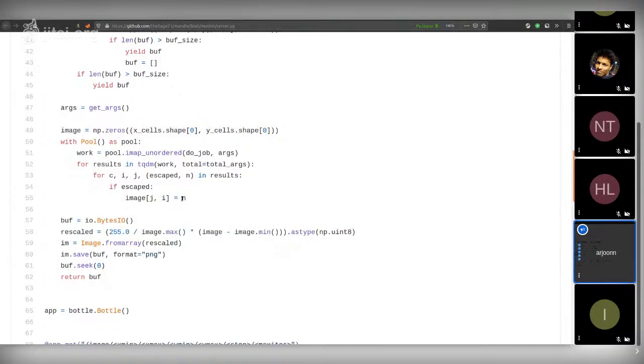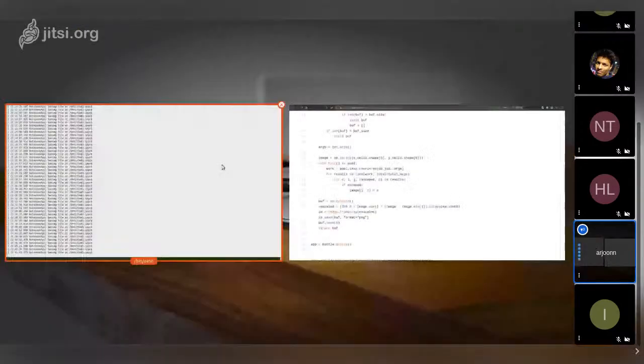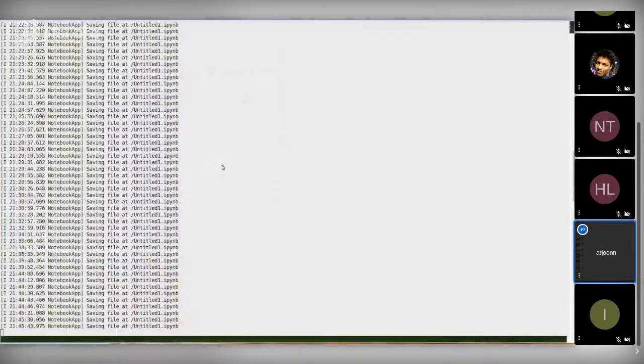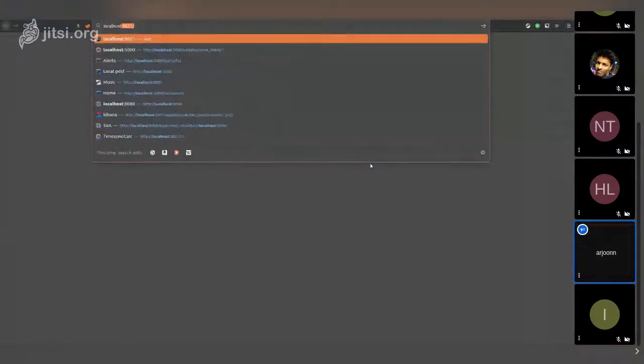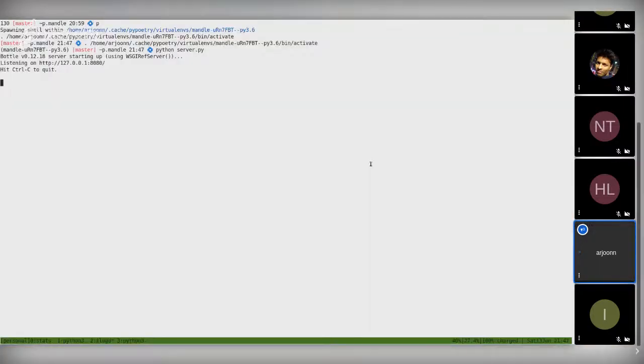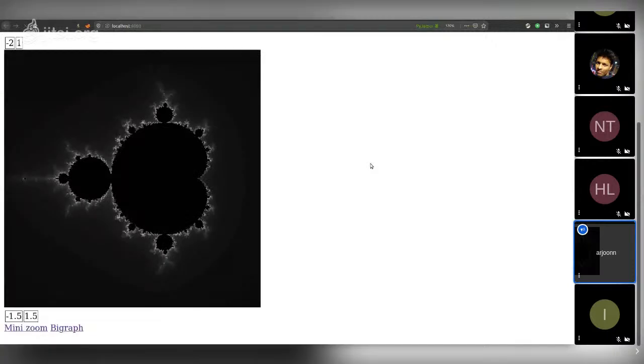When you do this, you get something interesting. So I'll just run that code. You get this really nice image, right?